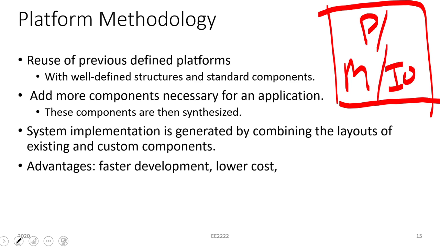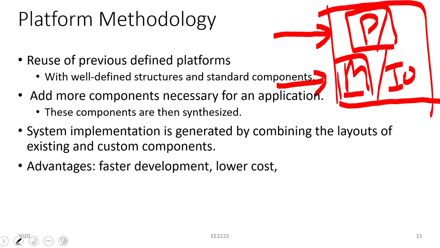We could reuse a number of these components. We may use already designed IO modules, memory modules, and processor modules, bring those pre-existing designs together, and package them to create a particular SoC.